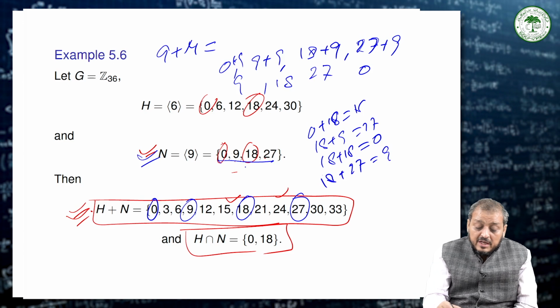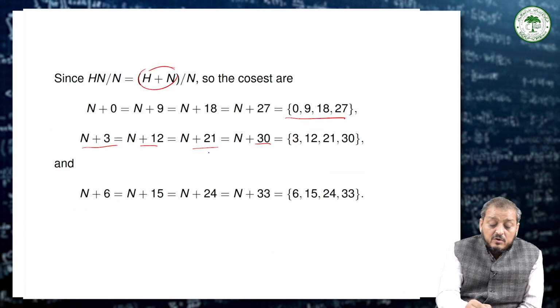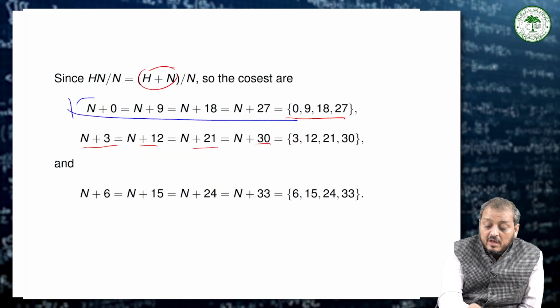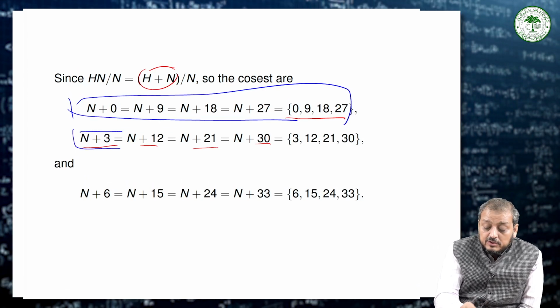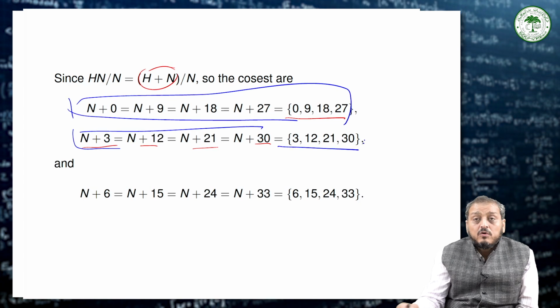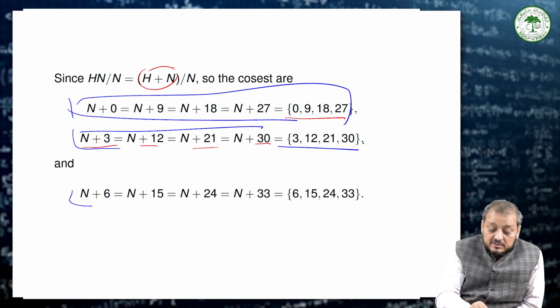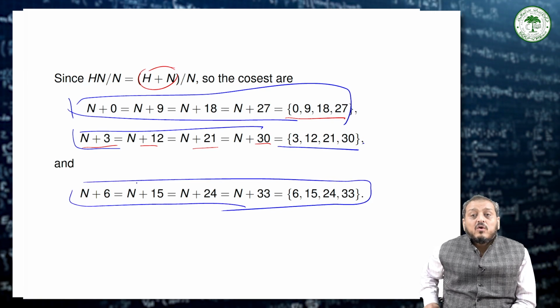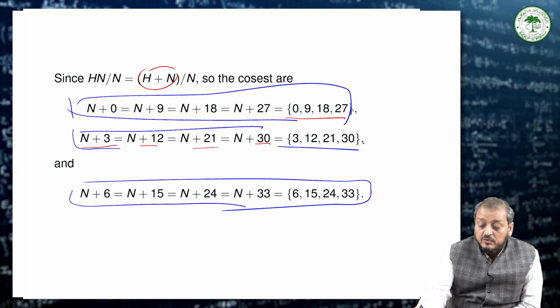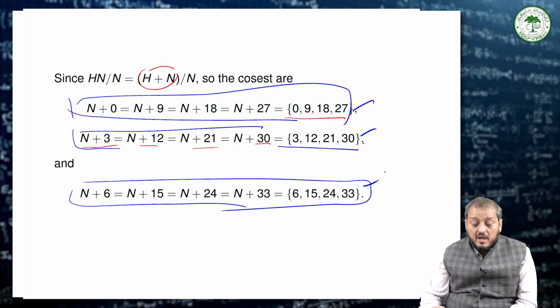So this means all the elements of it are giving you n. And similarly, calculating in this form, this gives you this type of coset, and this is another coset. We have three different cosets, this one, and this one.